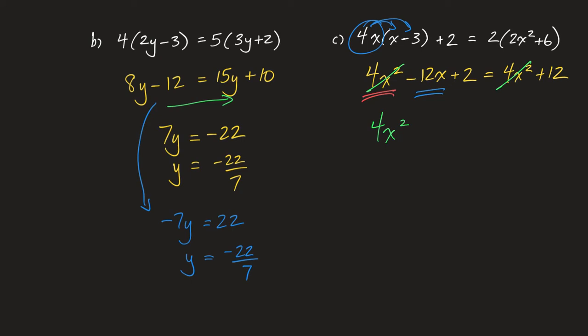So to get rid of a positive 4x squared, I need to subtract it. So on the left side, I'm going to have a minus 4x squared, and there's where we see 4x squared minus 4x squared, those cancel out. Nice. So I'm going to get rid of even writing all that down, and you can see that they cancel out by my green slashes through those terms.